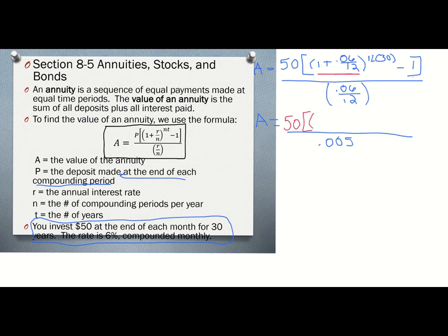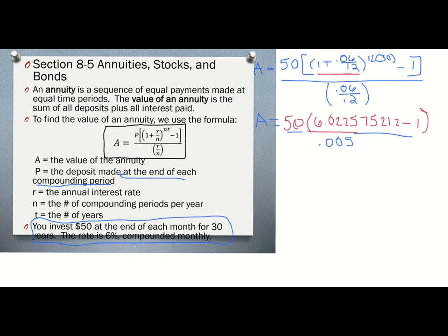So I'm going to have... no, excuse me. Let me fix that real quick. It is 50 times 6.022575212 minus 1.